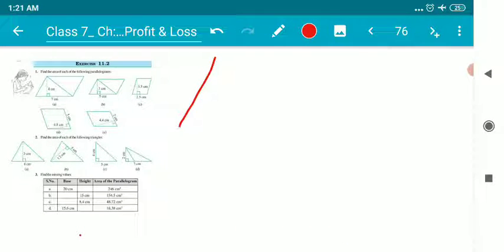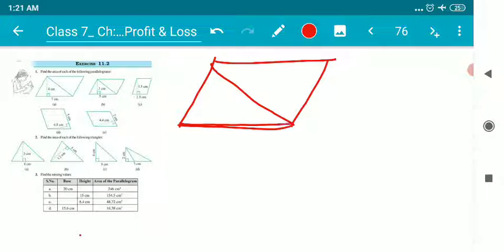Children, now we are given a figure in which this line segment is 7 centimeter. I'm talking about question number 1, part 1, and here the height is given. The height is 4 centimeter. So children, how to find the area of this parallelogram?